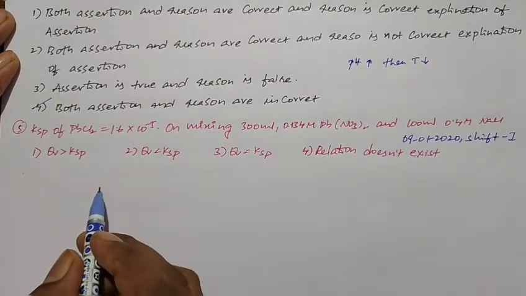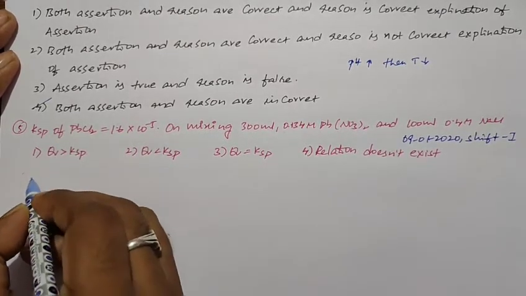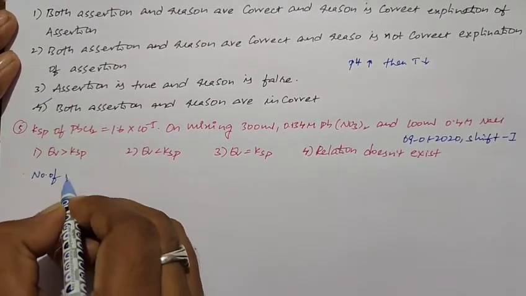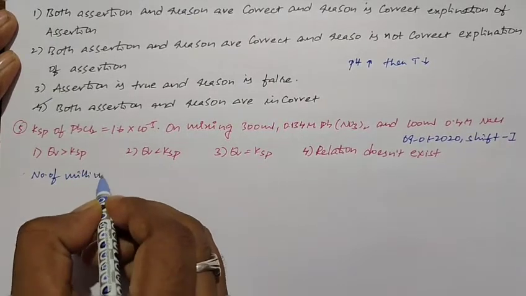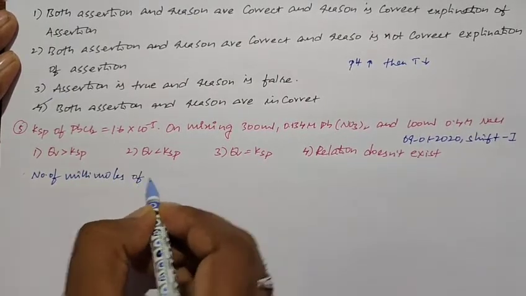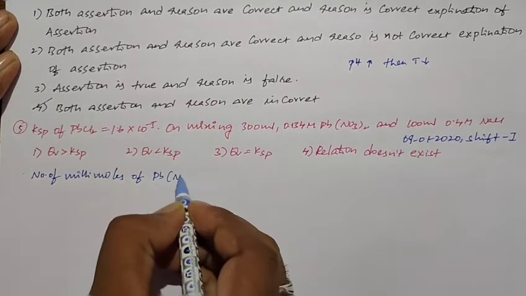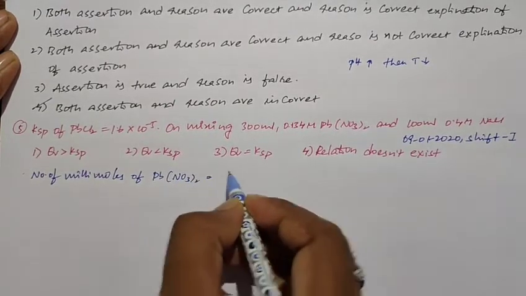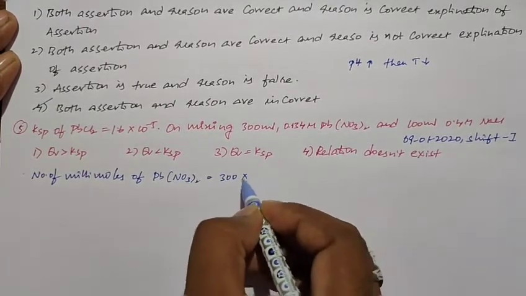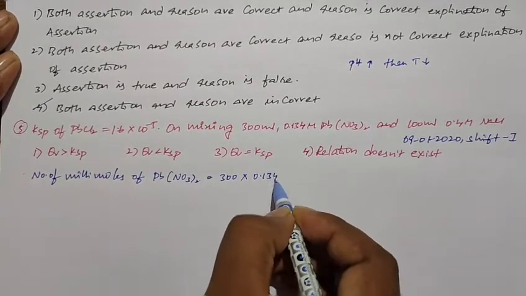of solution. So based on this, the number of millimoles of lead nitrate is equal to 300 into 0.134.